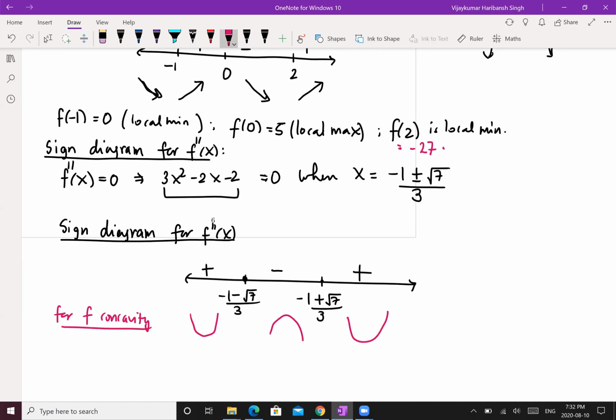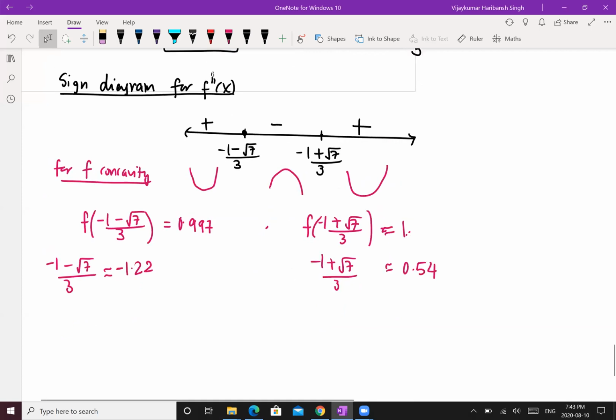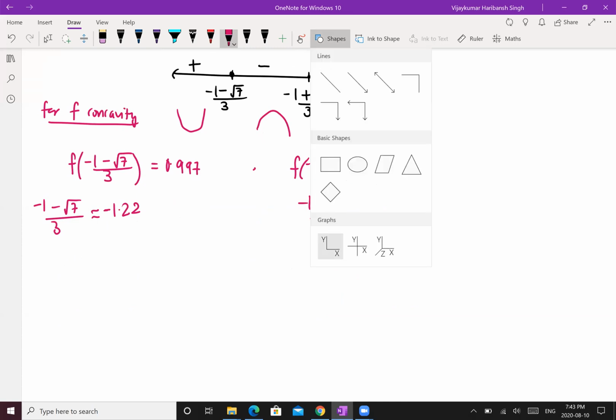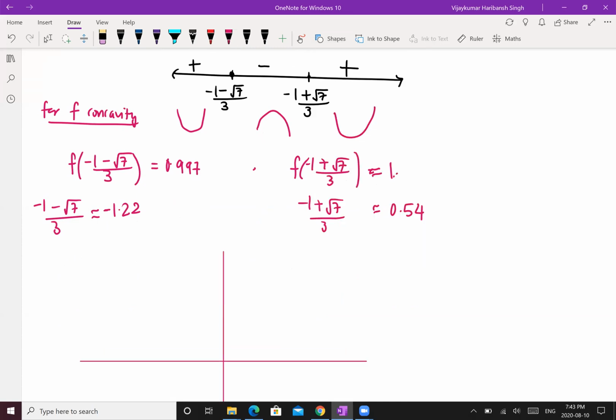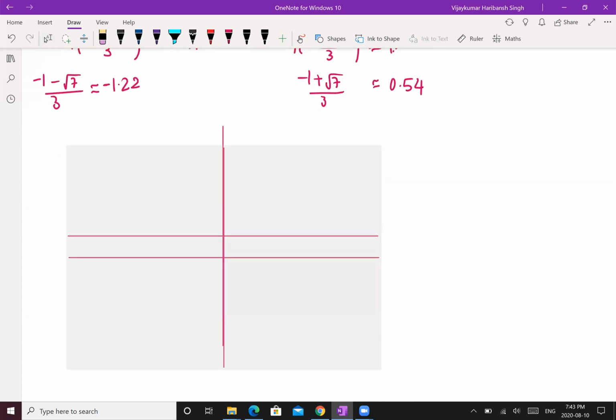Now we have all the information to sketch the graph. With this, we are able to now draw the graph of the function.